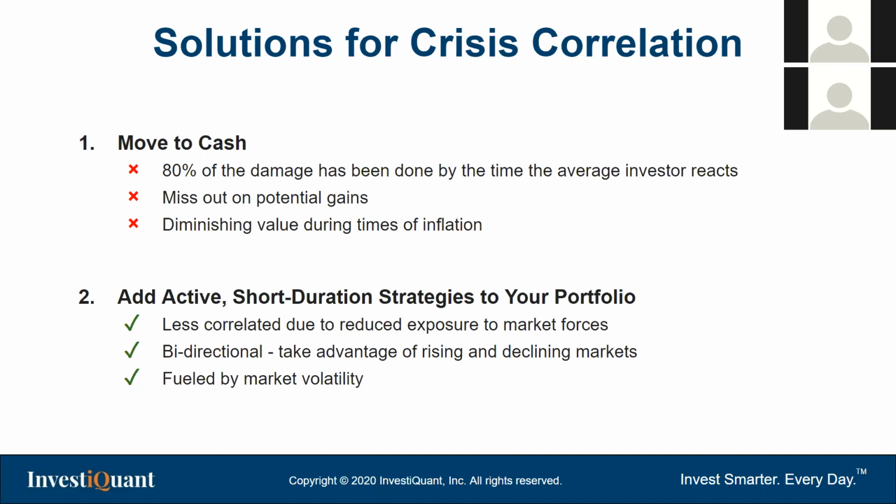And a key benefit is that it's less correlated due to just simply not having as much exposure to the market. They can trade both ways. So not just being focused on the long side, they can also take advantage of the short side. And then there's some real benefits to market volatility as well for short-term trading. We'll take a look at that in just a moment.